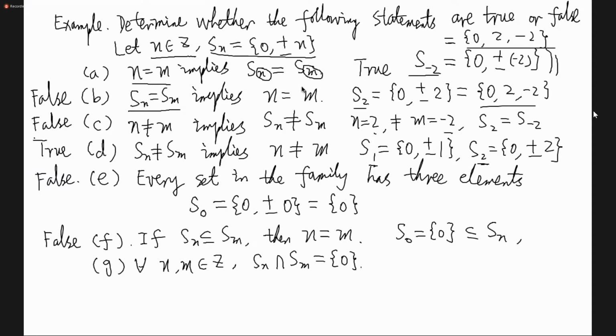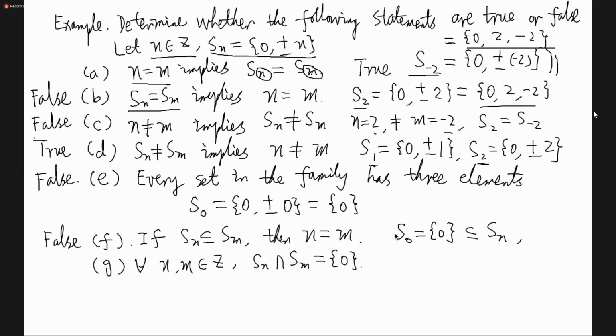Is it true or false? False. I could guess it's false, because that's the one that makes the most sense to me. Why is it false? Because when you take the two sets and their intersection, you'll have 0, but you'll also have other numbers as well. Like a -1 or a -2 or a +1.